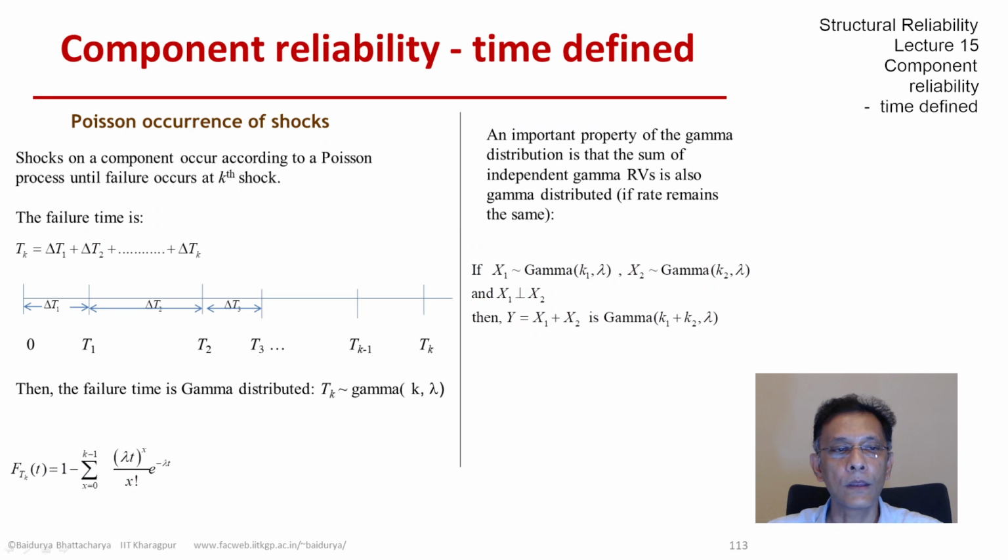Now, continuing, the gamma distribution is closed under addition, the gamma family, provided the rate does not change.